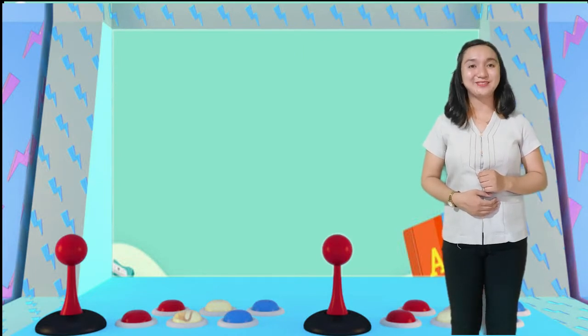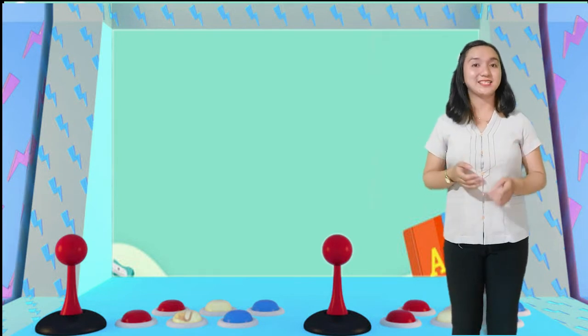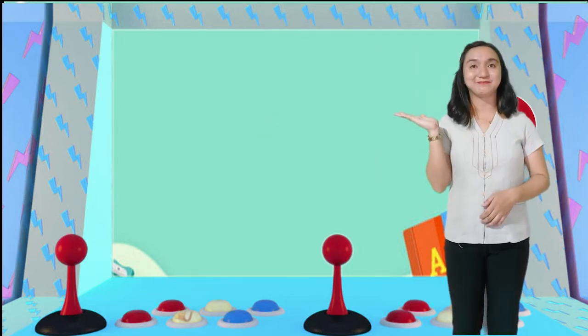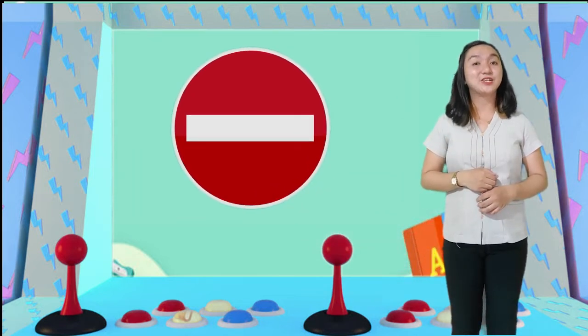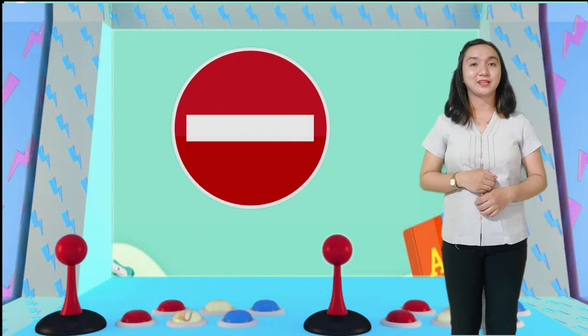I will be giving you 3 seconds to think of what these signs could be. Ready? What does this sign mean? This sign is the no entry sign. It tells us that we are not allowed to enter a certain place.